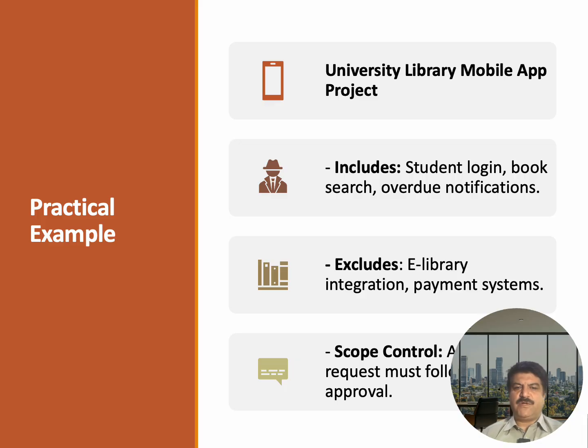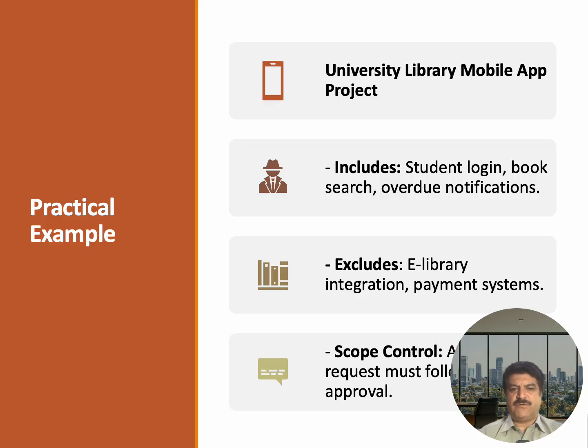And the things we want to exclude, like the payment systems, and other payments of the students, we want to exclude. All those things which are not relevant to the library, we will exclude, so only the relevant features will be included.